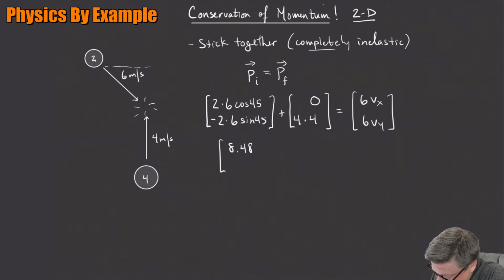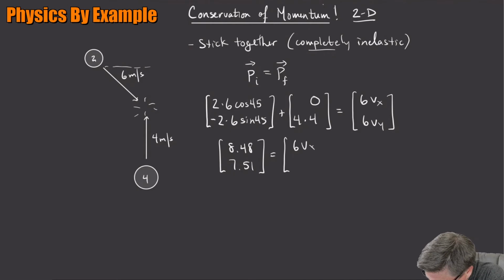And when I do that, it looks like I get 7.51. There we go. So those are those two vectors added together. So this equals 6 Vx, 6 Vy.